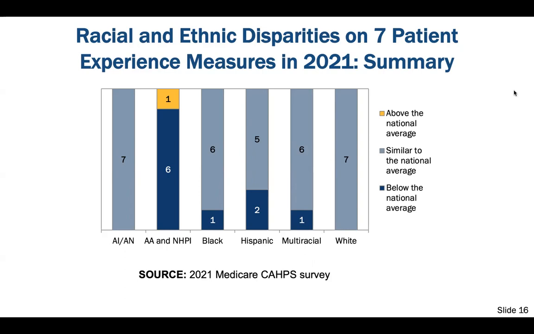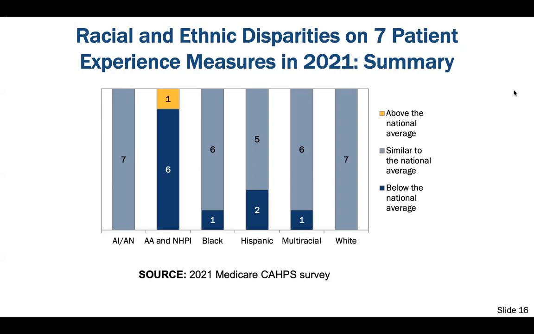Just to pick out 2 examples, the scores for Asian American NHPI were below the national average for 6 measures and above for 1. The scores for Hispanic members of MA plans were similar to the national average for 5 measures and below average for 2.